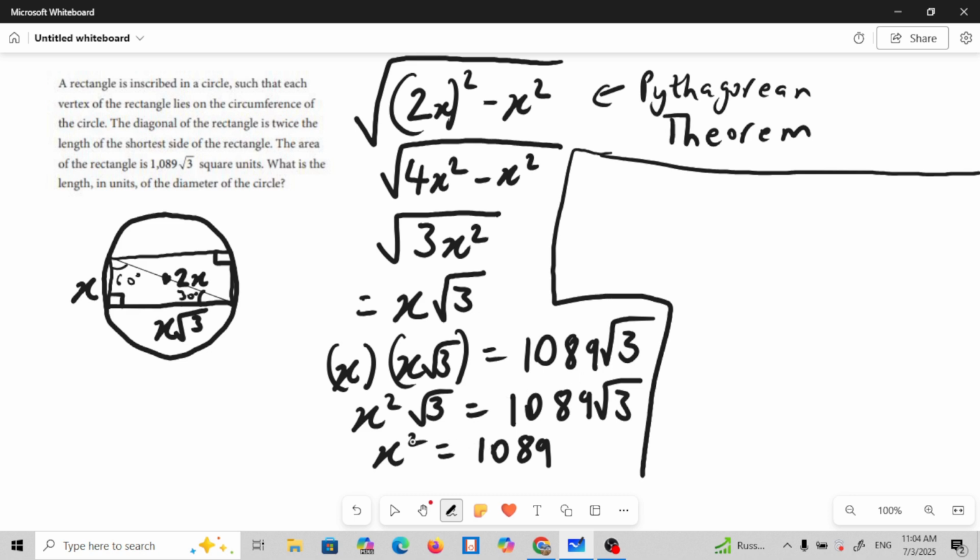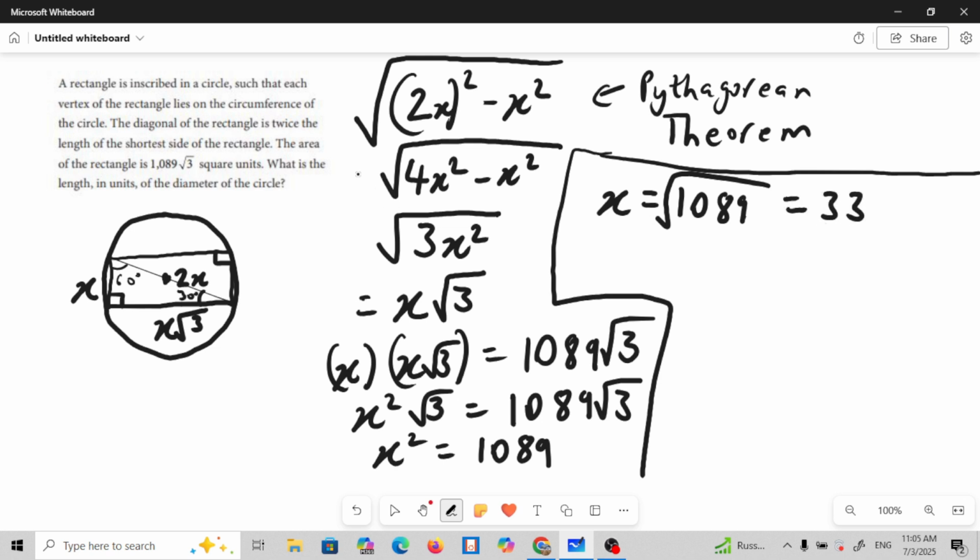Now we have that x squared is equal to 1089. So 1089 is a perfect square, and because x squared equals 1089, x is going to be equal to the square root of 1089, and that is going to be equal to 33.